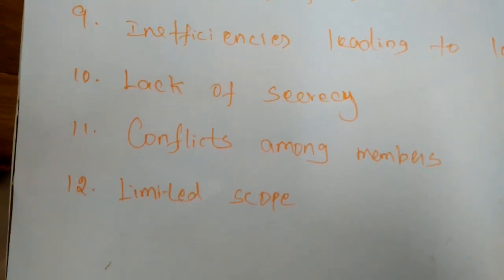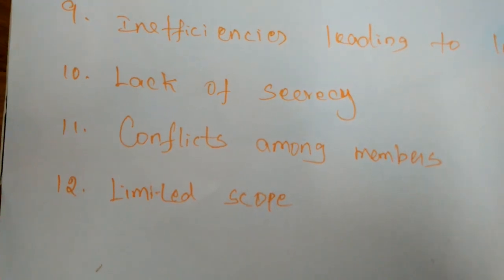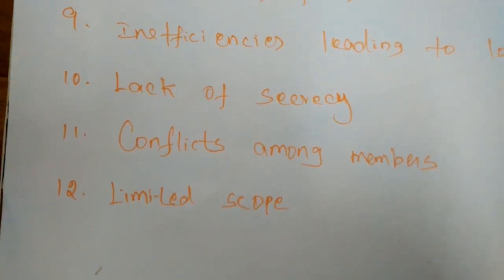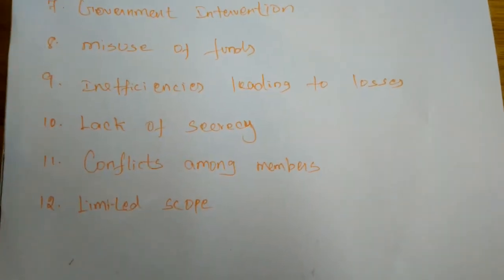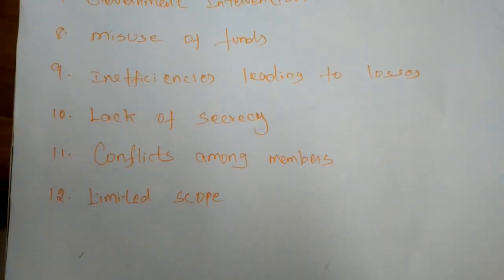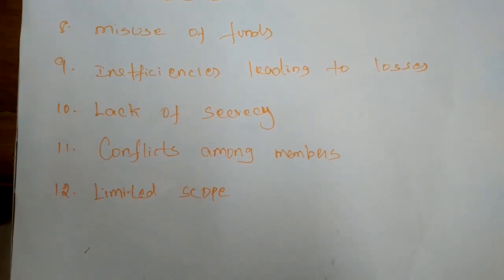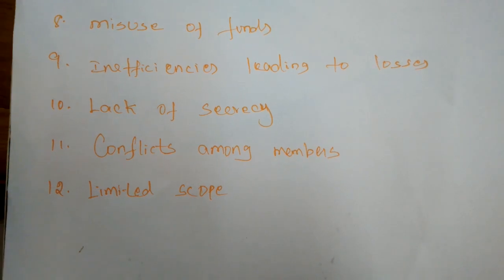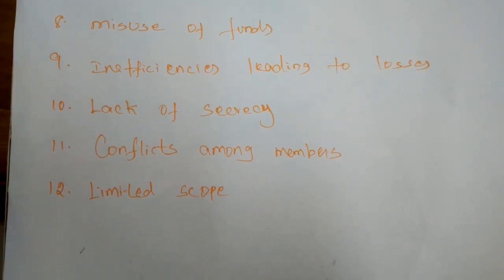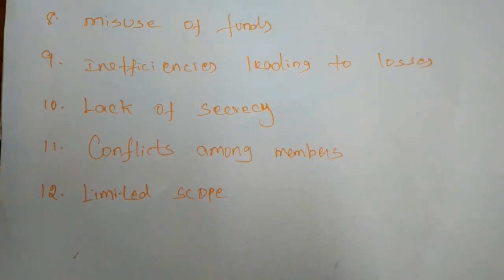But business secrets cannot be maintained in the cooperative because the members are aware of the activities of the enterprise. Some members depend upon politicians and simply become members to earn money only. Because of that, the secrets of the cooperative organizations will not be maintained secretly.